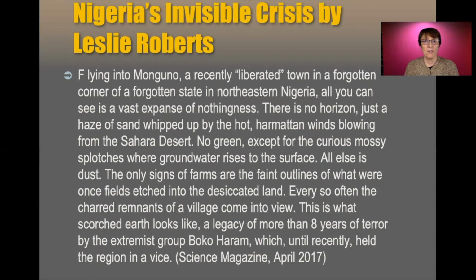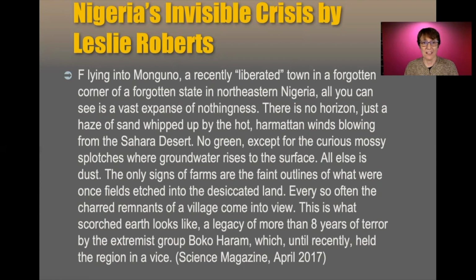Flying into Manguno, a recently liberated town in a forgotten corner of Borno state in northeastern Nigeria, all you can see is a vast expanse of nothingness. There is no horizon, just a haze of sand whipped up by the hot Harmattan winds blowing from the Sahara Desert. No green except for the curious mossy splotches where groundwater rises to the surface.